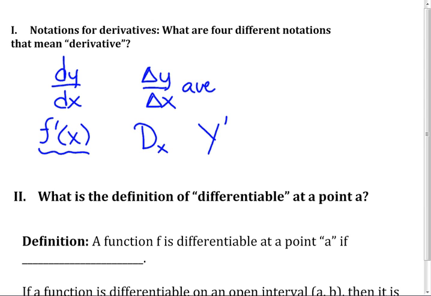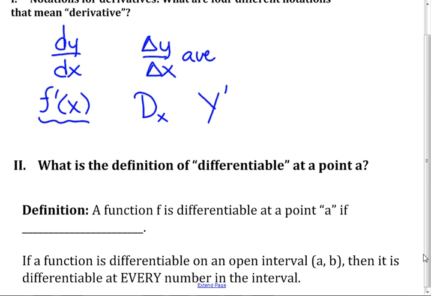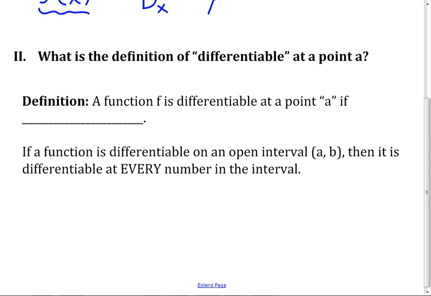Okay. What does it mean to be differentiable? Do you remember what differentiable means? You can find a derivative. What has to be true about the function? f of x must be continuous. You're right. We can list those. We will.